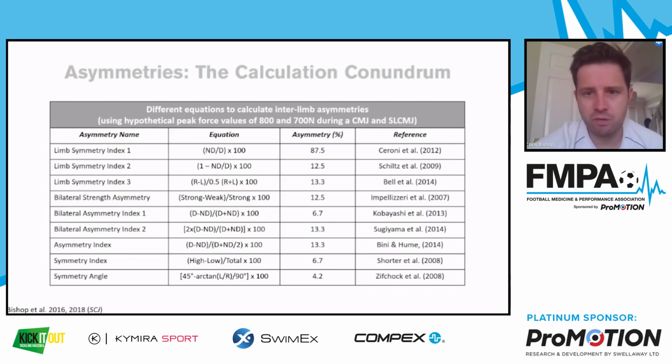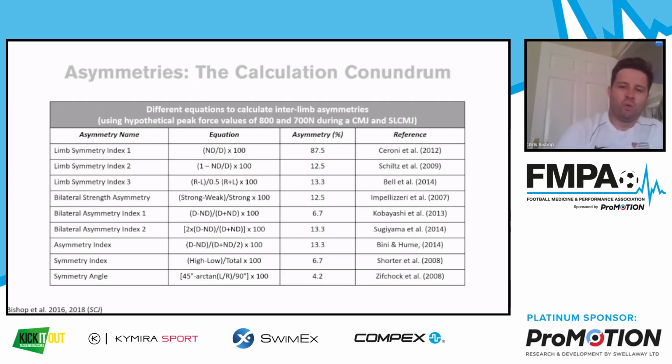So the first two to note are actually the same, okay? One is looking at symmetry as our reference point, 100% symmetry, and reports 87.5%. And the second one is looking at asymmetry, with 0 being our reference point. So 12.5 and 87.5 are actually the same thing. And then if we gradually go down that third column, we start to see some different numbers. So 13.3, 6.7, and then at the bottom, 4.2.